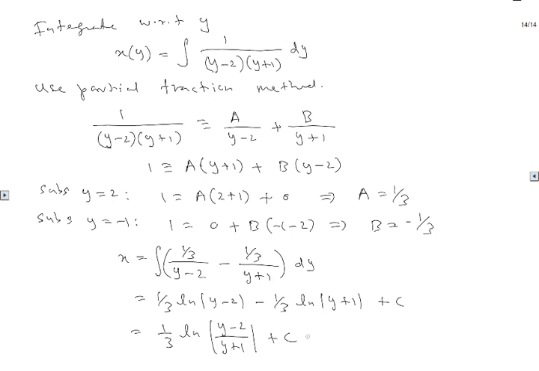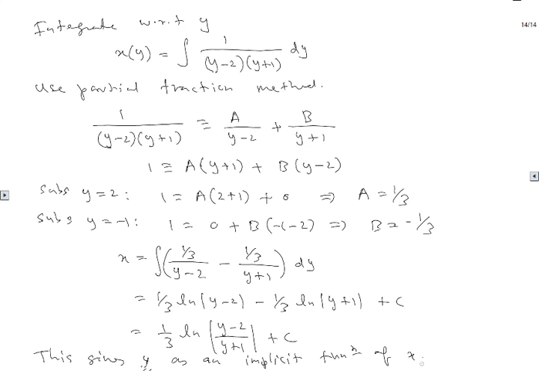This gives y as an implicit function of x. But this is an interesting exercise.